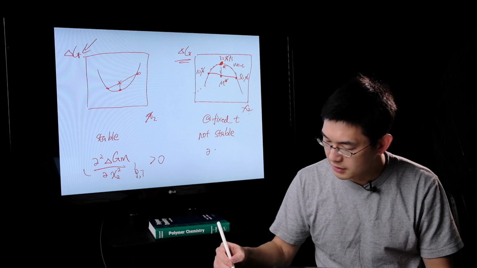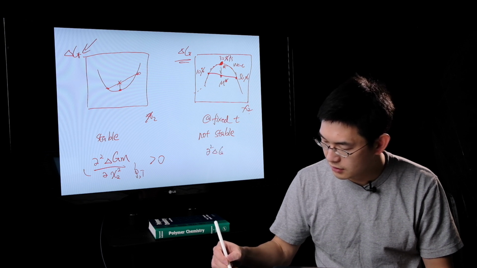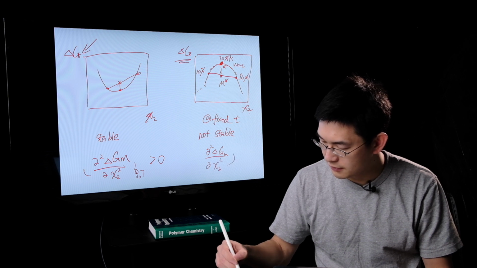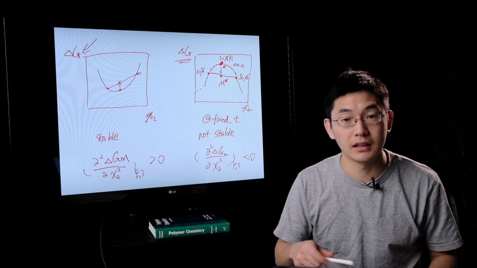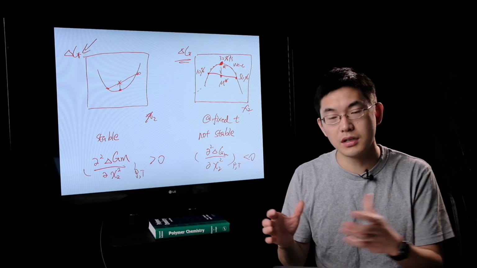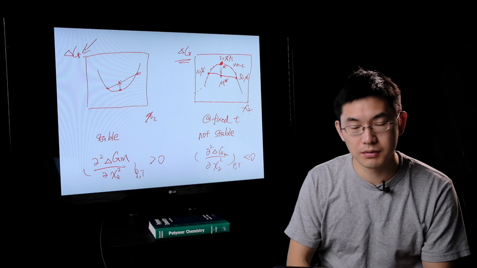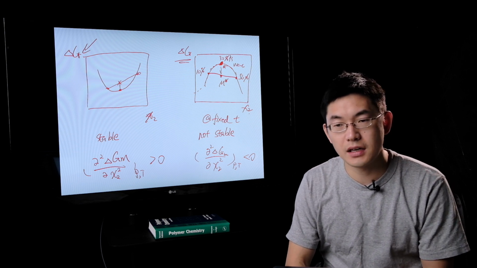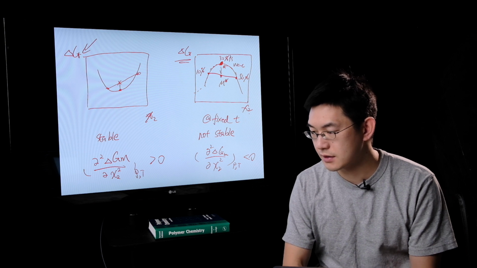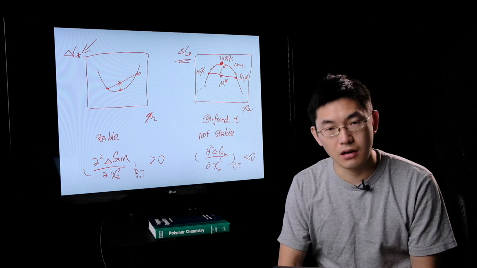This is defined as delta G mixing in terms of energy. Take the second derivative at constant pressure and temperature; if it is a negative value, then comparing those two, you will be able to define whether your system tends to phase separate or to mix. We're going to stop here.